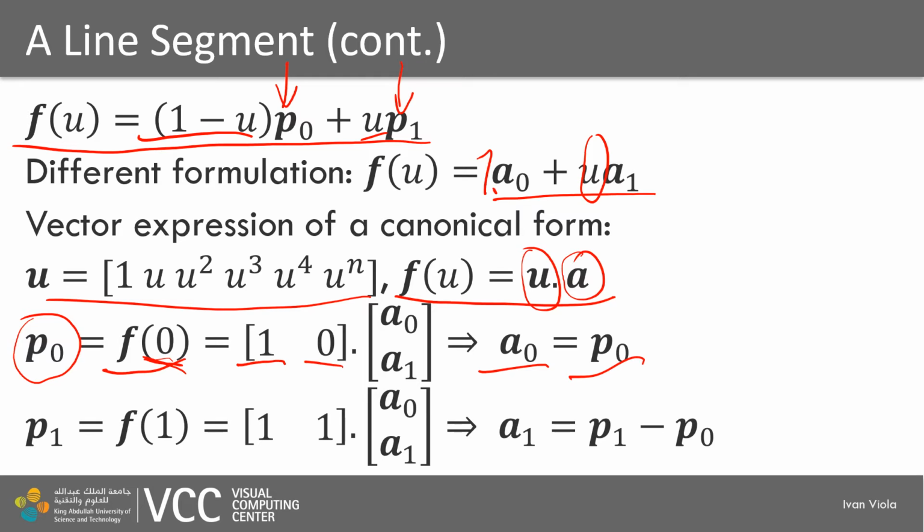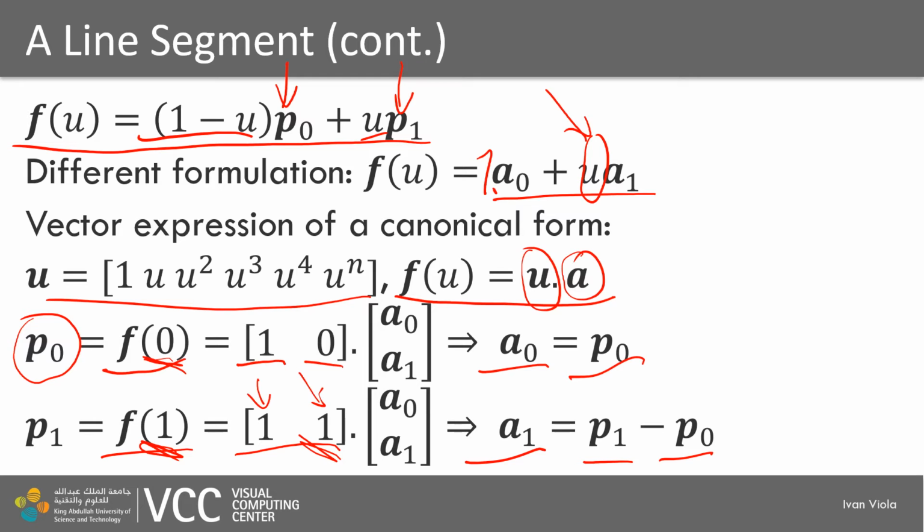And then for the f(1), we will have this row vector, which will have 1 here again, but here for u equals 1, there will be 1, so we have 1 here, and therefore we will come to the conclusion that a1 is actually equal to P1 minus P0, which is the vector between the first point and the second point.